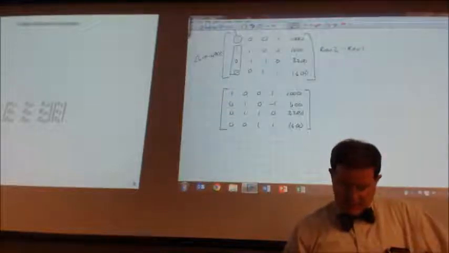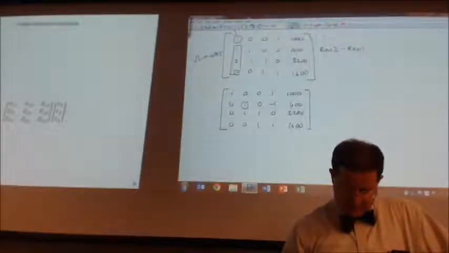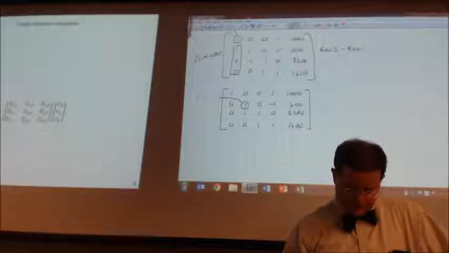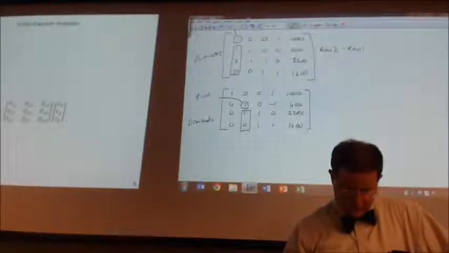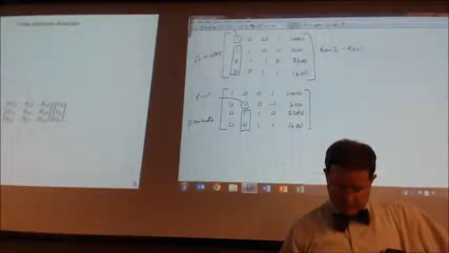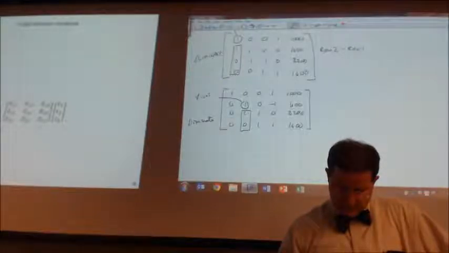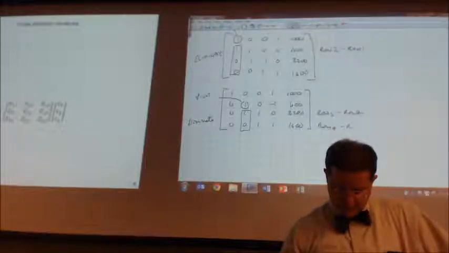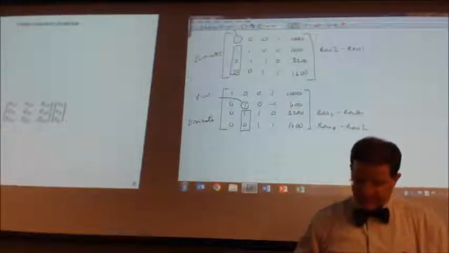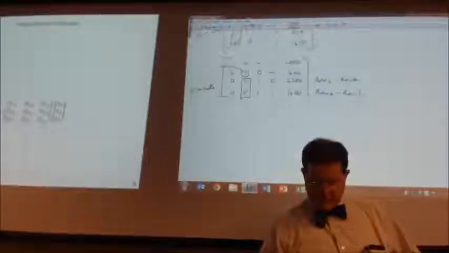So now this becomes our pivot, right? And we're trying to eliminate those guys. So I'm going to say row 3 minus row 1, row 4 minus, whoops, row 2. Right?